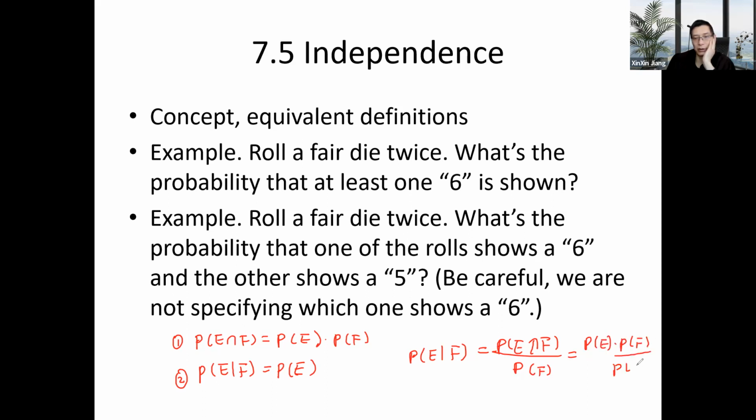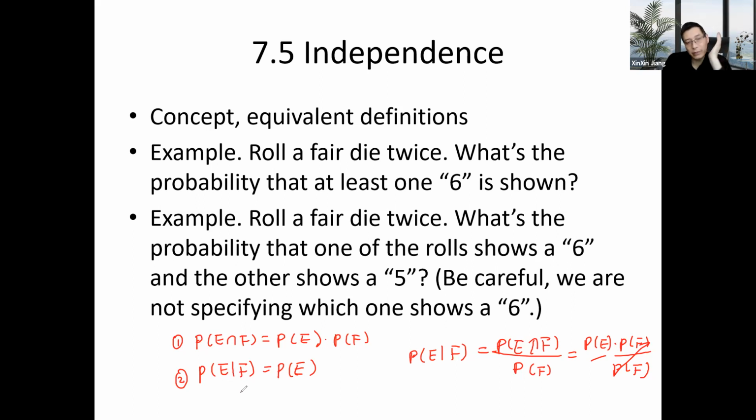And you cancel out the probability of F, you get the probability of E. So that's the algebraic argument using the first definition. There's another very straightforward explanation of this equation.